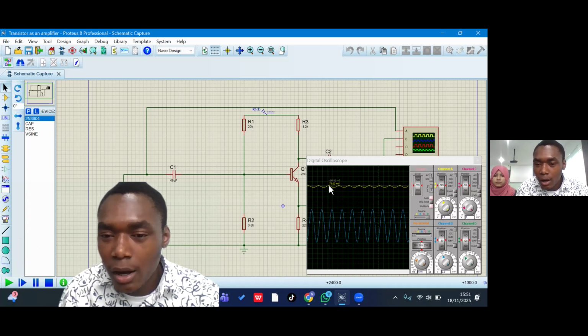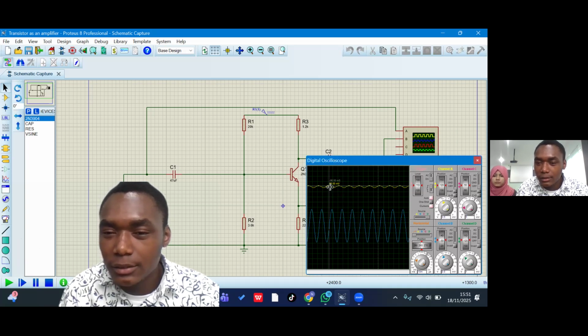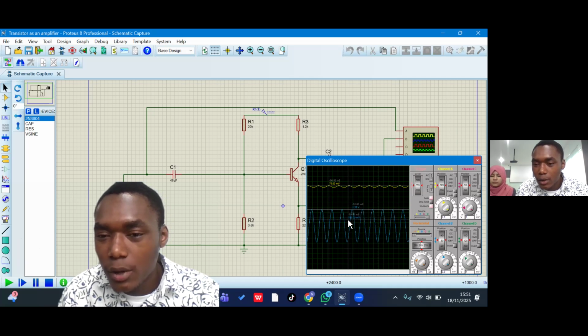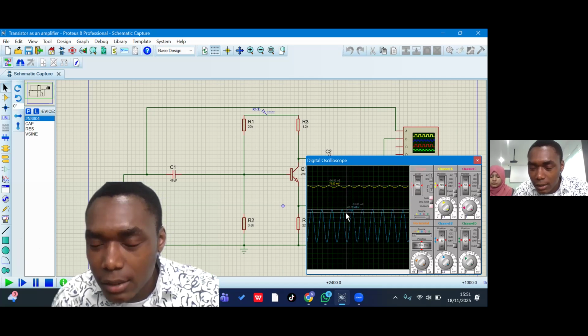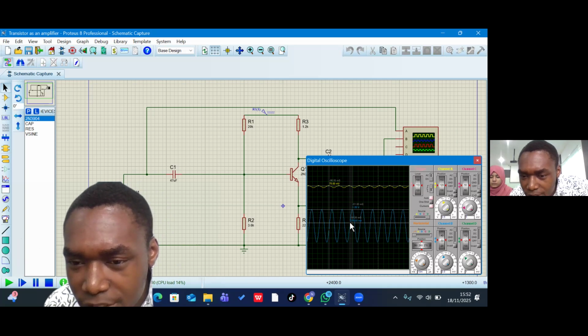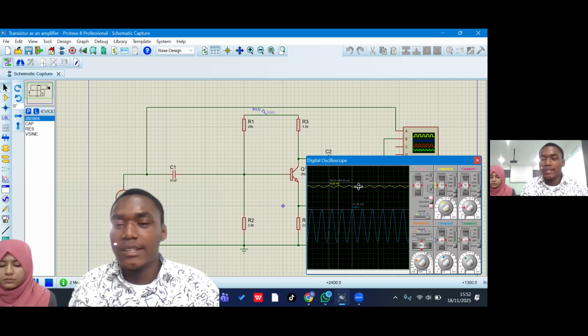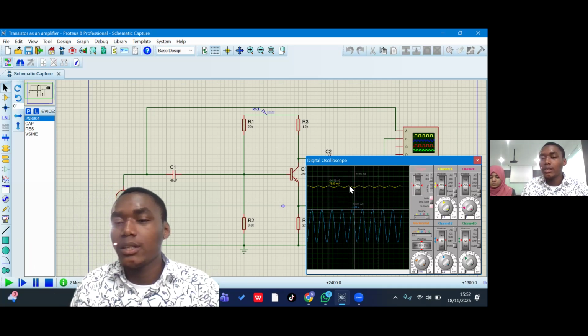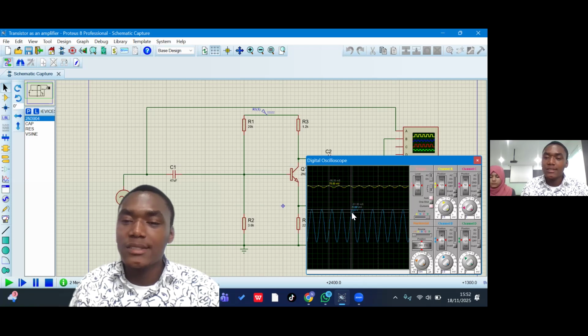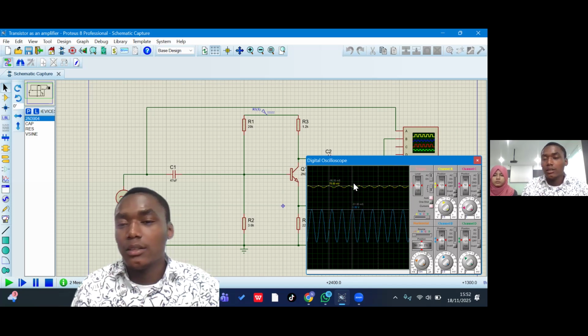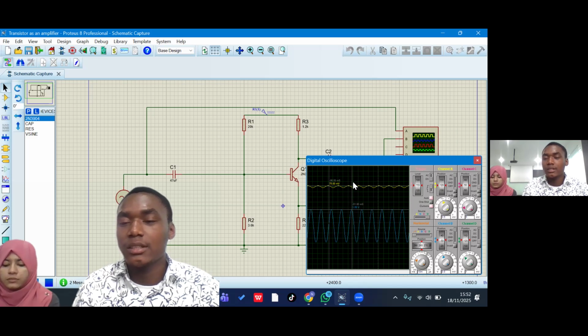For this one, we have 75 millivolts, and for the second one, we have 1.58 volts. As you can see, the input signal is weak, while the second signal is strong, or amplified. This one has a small amplitude, while the second one has a big amplitude.